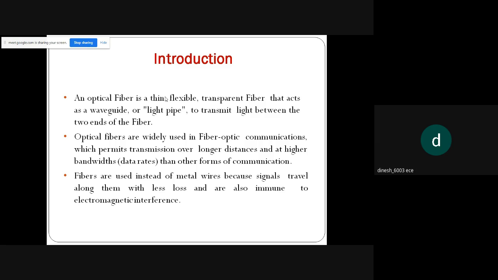And why don't we use metal fibers, or metallic wires or existing cables?